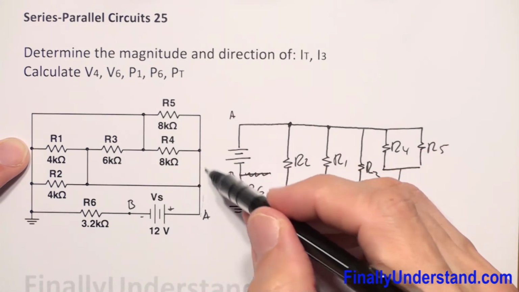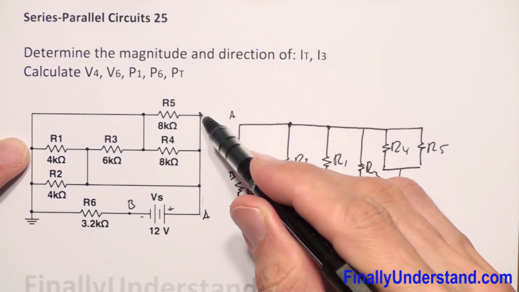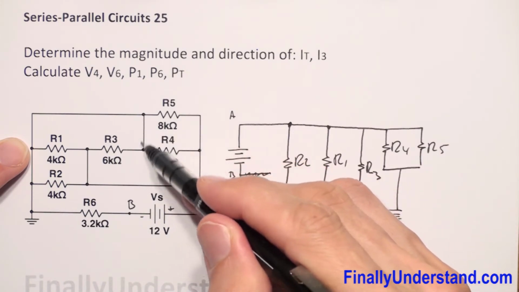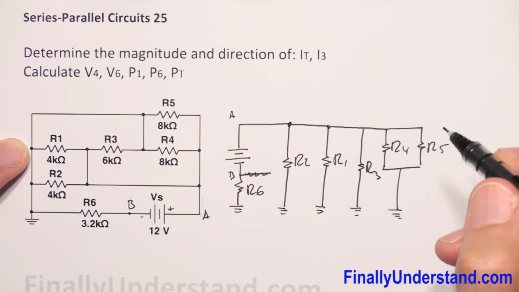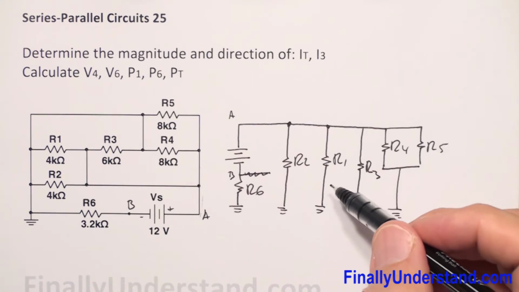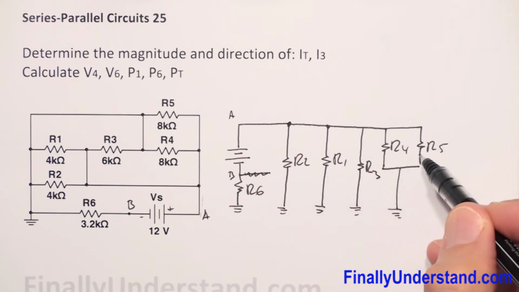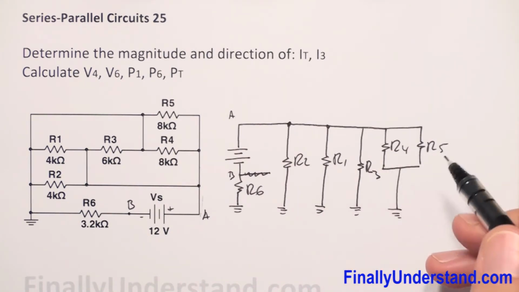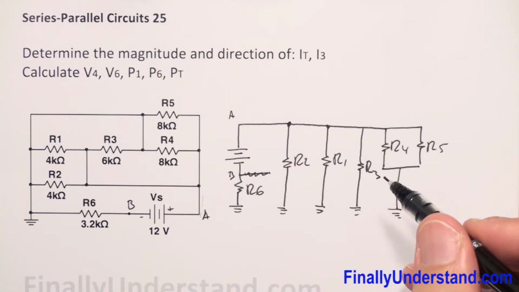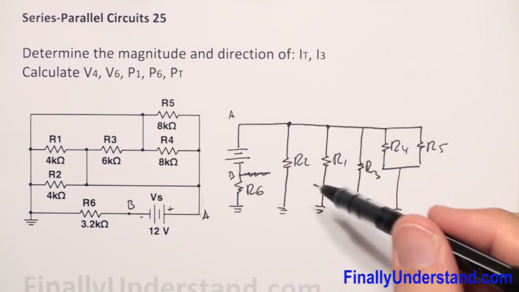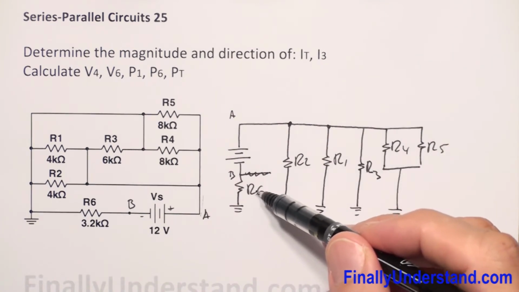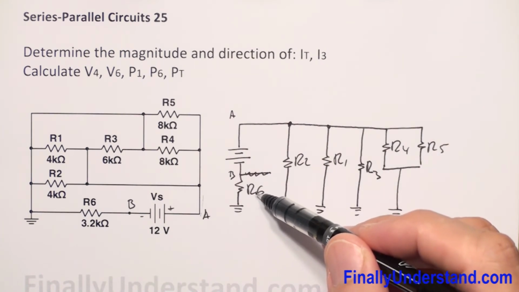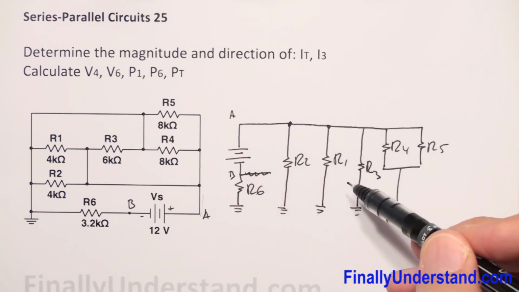R4 is connected to terminal A and R5 is connected to terminal A, and both of them are connected together and are connected to the ground. So we can say that we got 5 resistors connected in parallel, right? Parallel, and we have R6, which is basically in series with all of them.